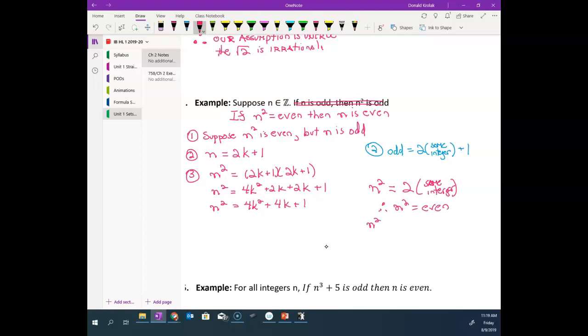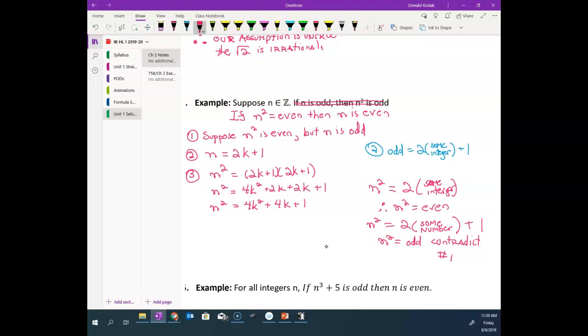But is there a way to rewrite that expression so that it's 2 times some number plus 1? And if that's the case, then n squared would be an odd number, which would contradict number 1. It would contradict this statement that, hey, n squared's even.